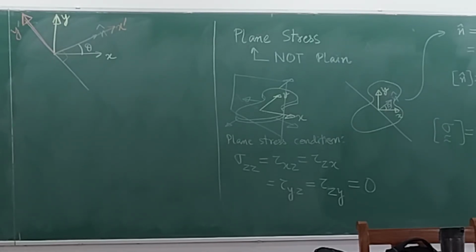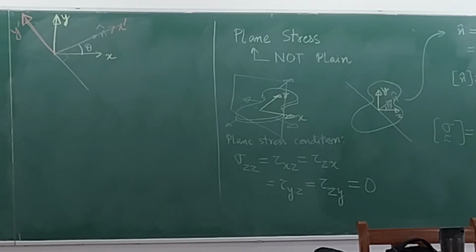So instead of thinking arbitrarily in terms of that cutting plane, I can think of what would be my stresses if I rotate my coordinate axis by an angle theta. So it is in this perspective that Beer and Johnson has derived their formula.